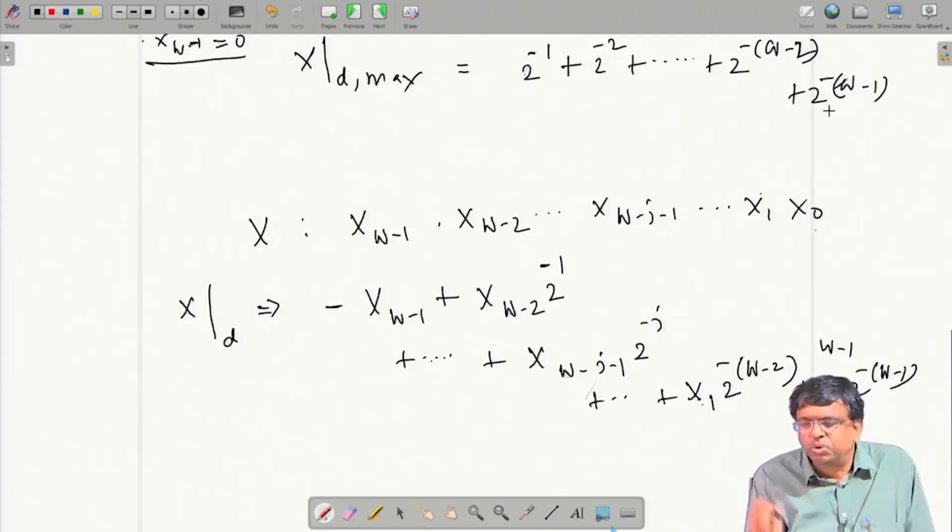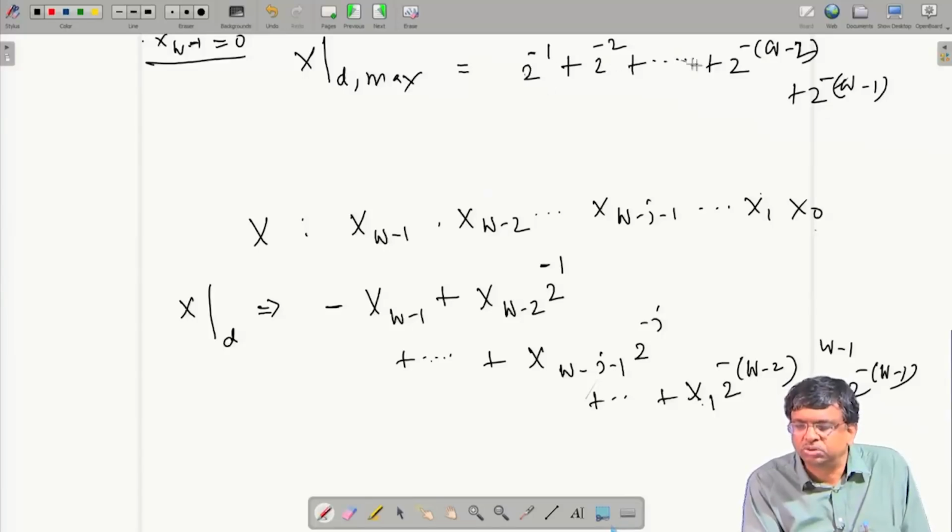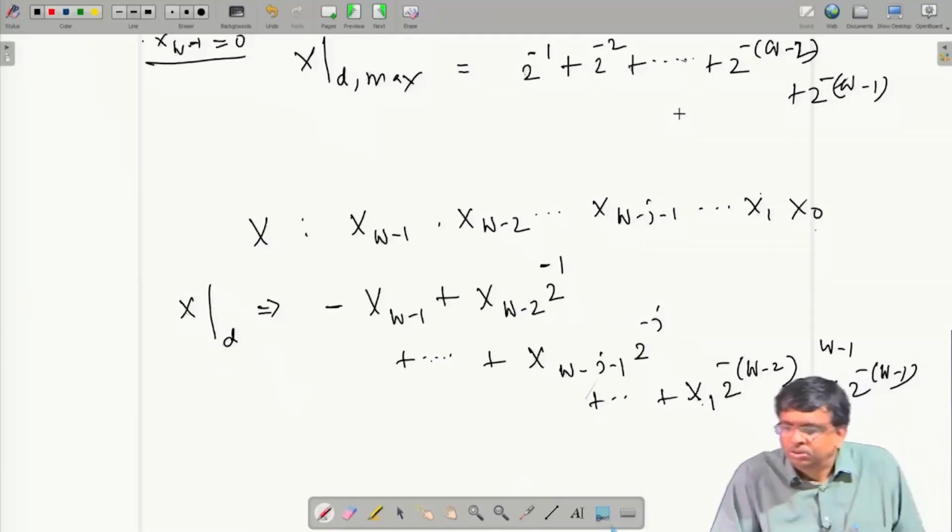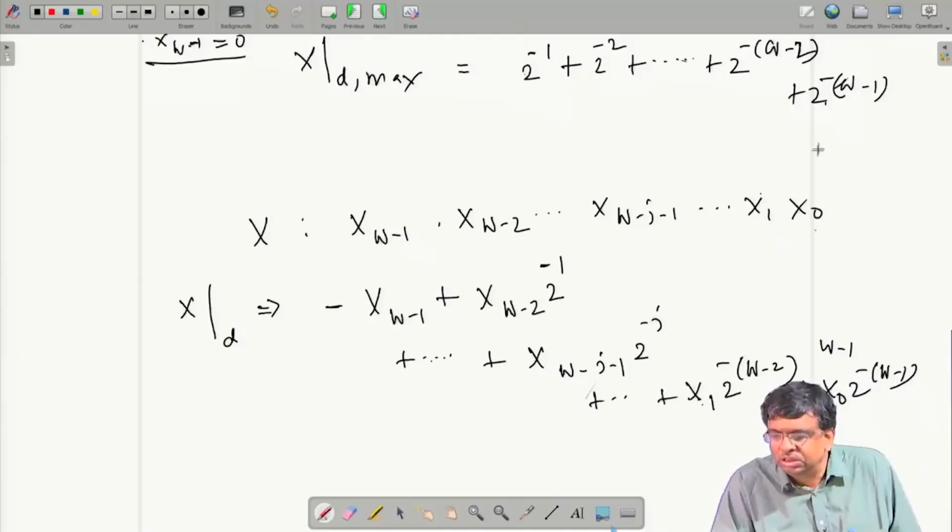In the last class I have shown, it is basically a GP series, you can take out 2 inverse, so it will be 1 plus 2 inverse plus 2 inverse 2 and so on. So, it is a GP series, you can take the sum of a GP series. Alternatively, the way I do, I add this like this, this I add here and subtract the same thing.